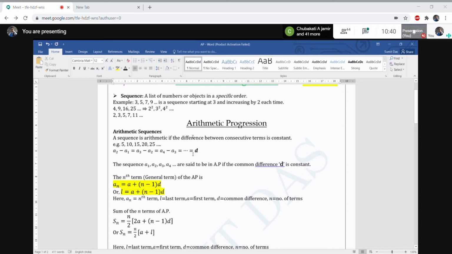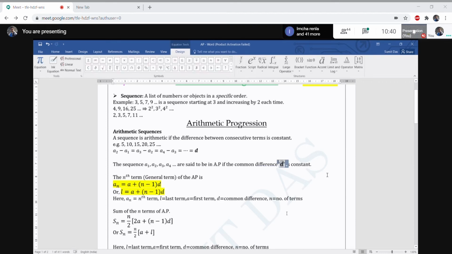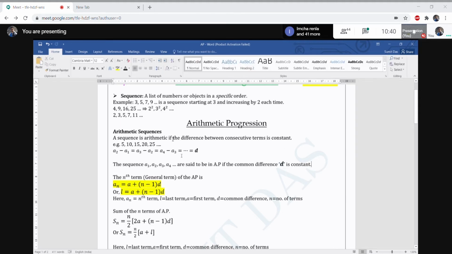It has to be a constant, which we denote by d. So the sequence a1, a2, a3, a4 is said to be an AP if the common difference d is constant.